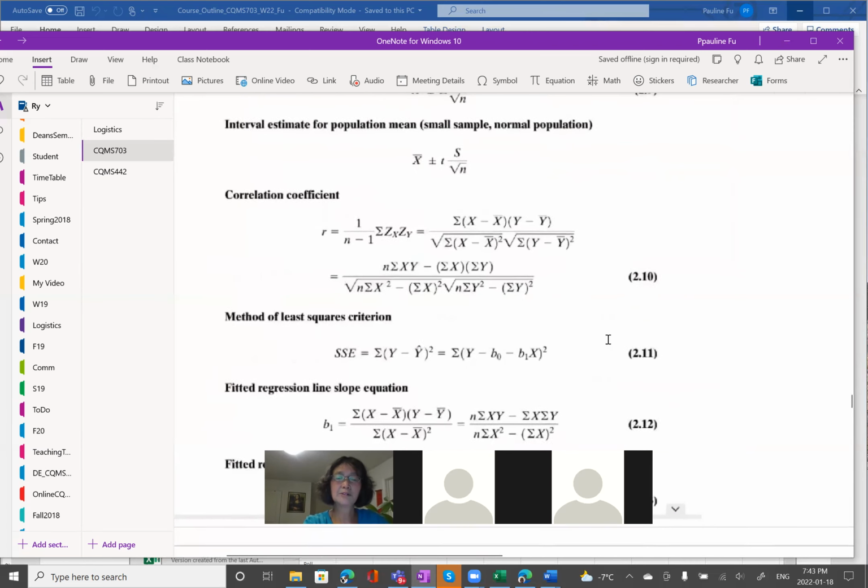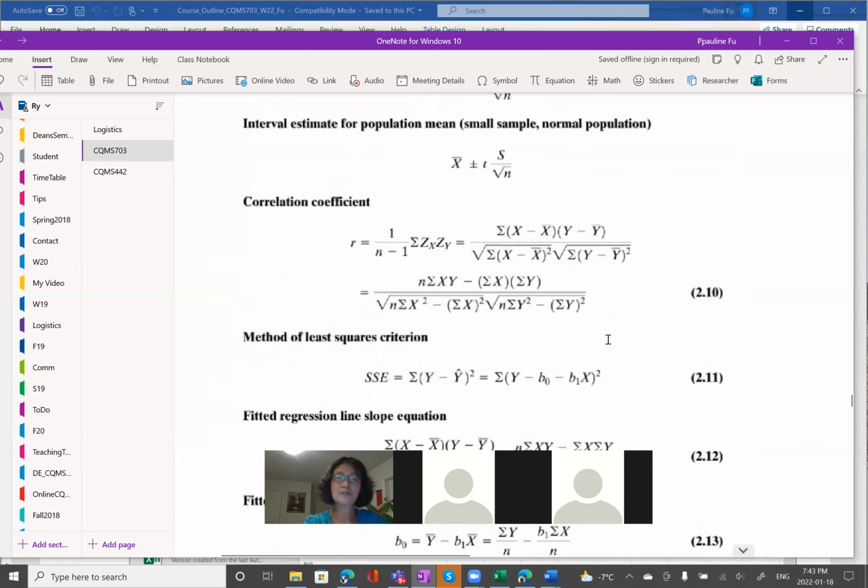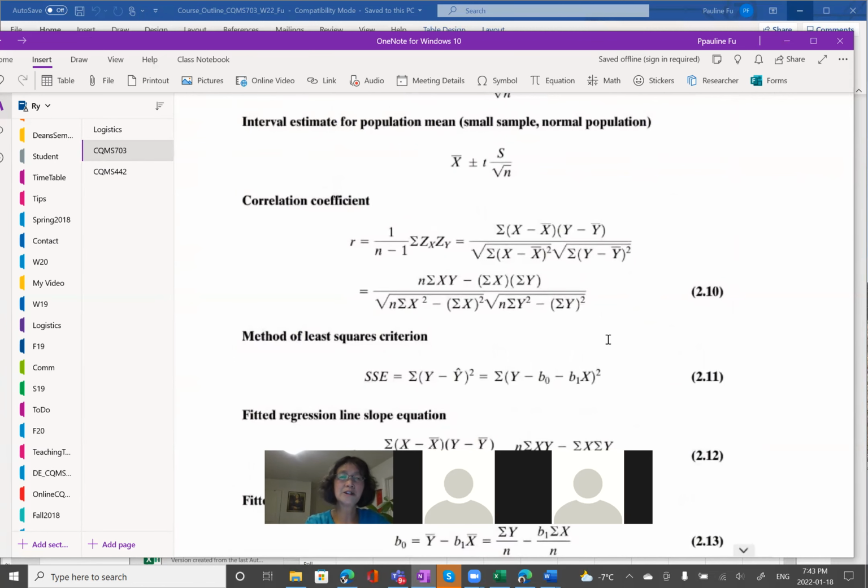So in this chapter, we also need to review the correlation coefficient to measure the relationship between two variables. One variable is x, the other variable is y. We use the correlation coefficient R to measure the relationship between x and y.